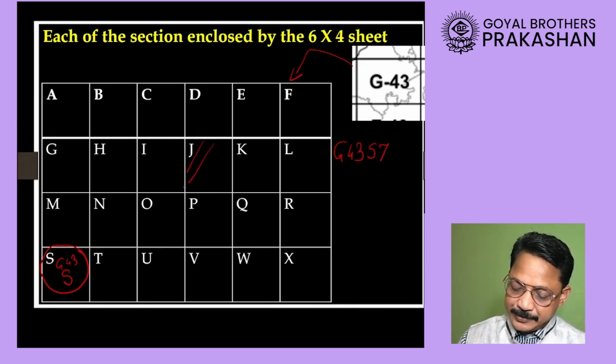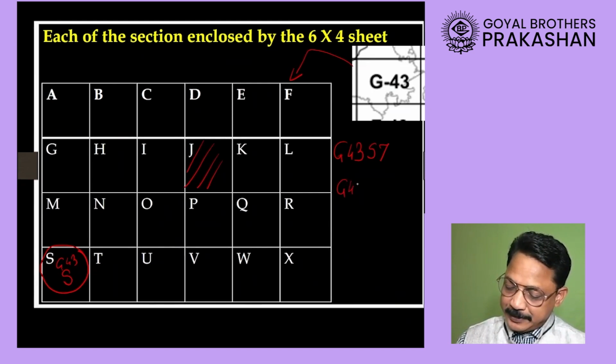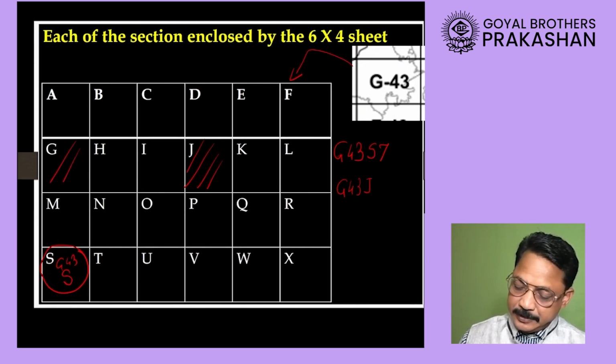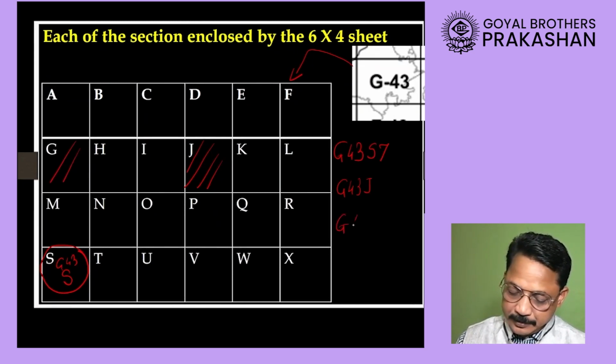Had I taken this, I would have given the name G43J. And if we want to give some other name, let us say, had I taken this, then this would have been G43G.